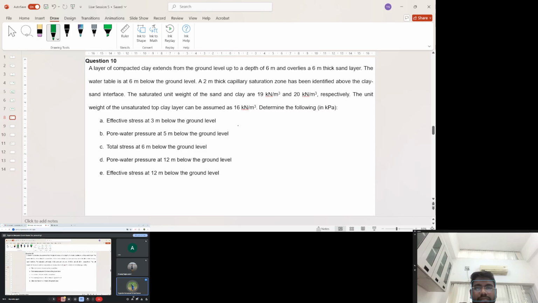I think this will be question 10. So let us draw the diagram. This is ground level, and the clay layer is 6 meters, overlying a sand layer of 6 meters.